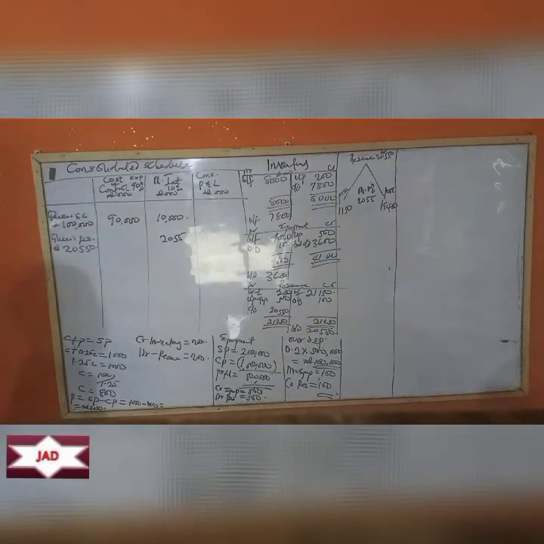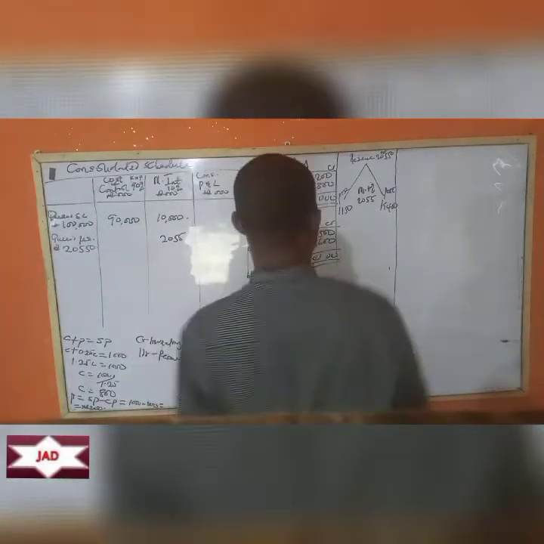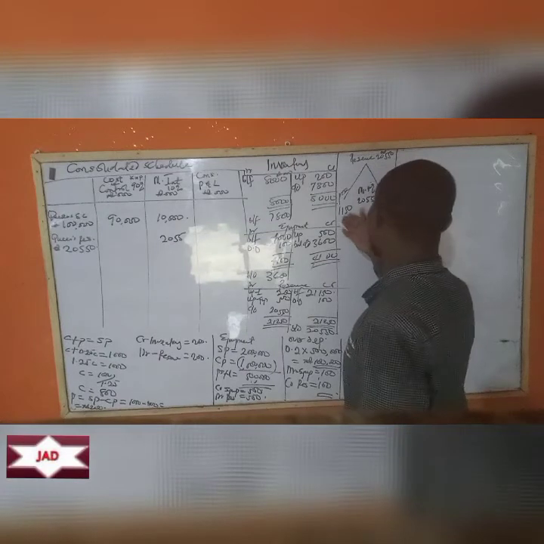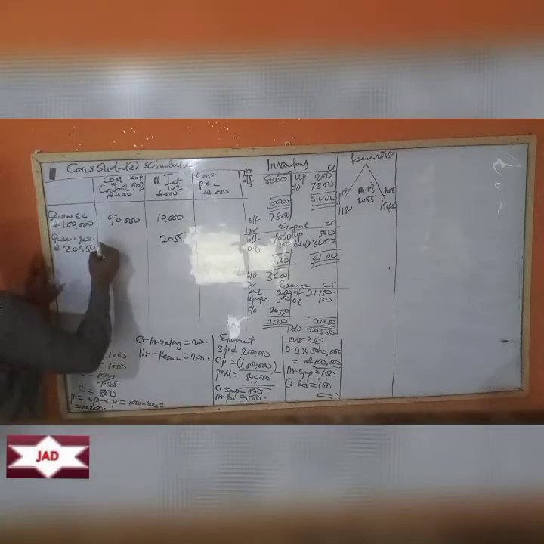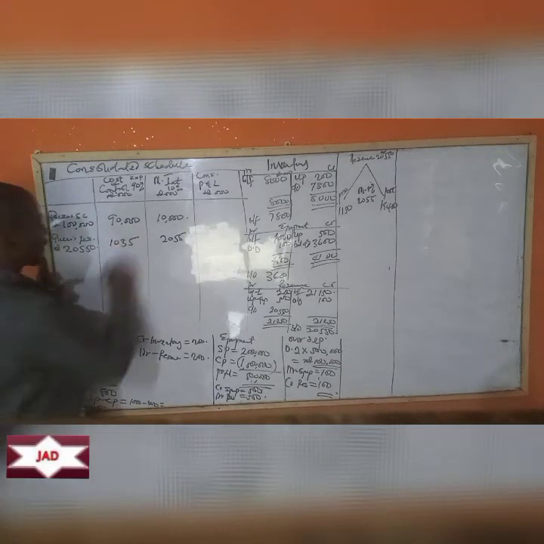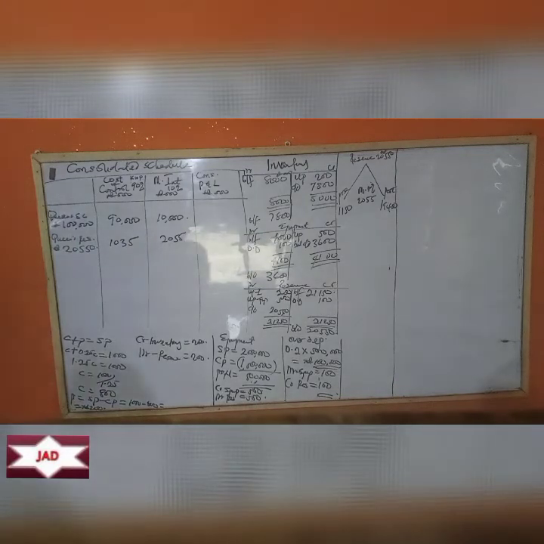Okay, so what is our pre? Our pre here, 90% of the pre, 0.9 times 1,150 is 1,035. So what are our posts? 90% of 19,400.